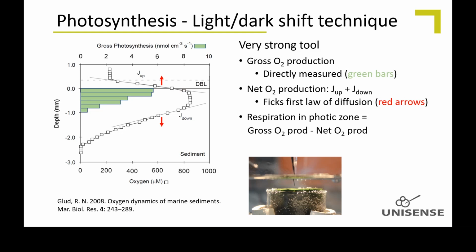You'll get a more precise oxygen profile if you measure a profile by itself, and then you do this light dark shift by itself. And if that is not in the exact same spot, you may get a little bit of a difference. But I think that's up to experimental variation. There should not be any systematic reason that you should get higher net than gross.